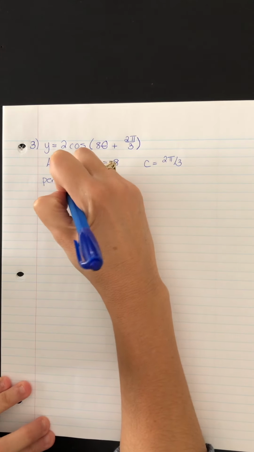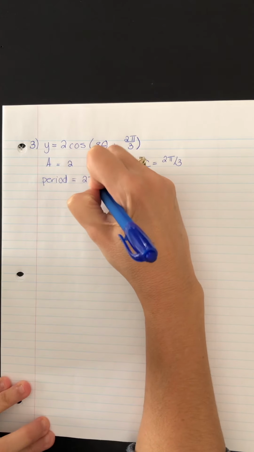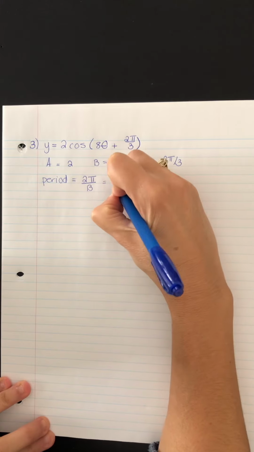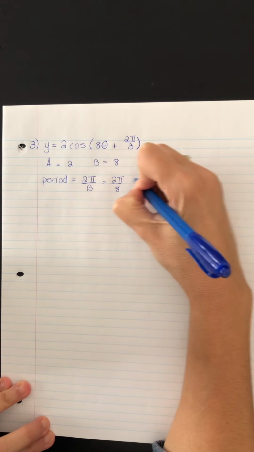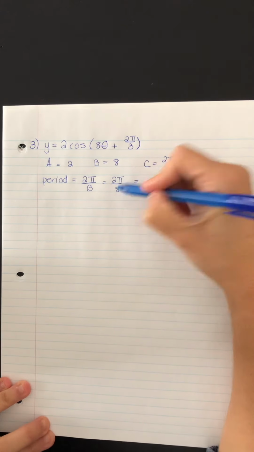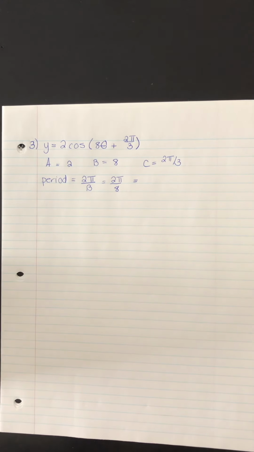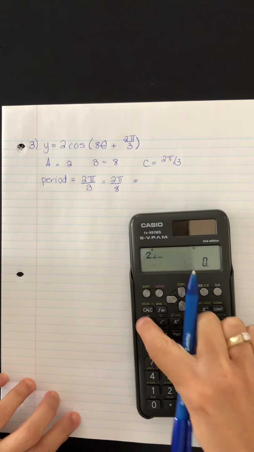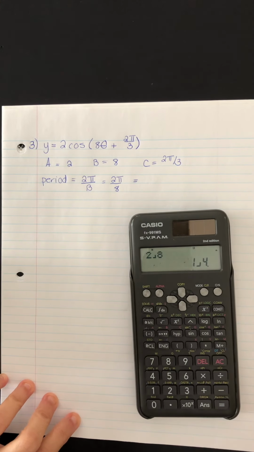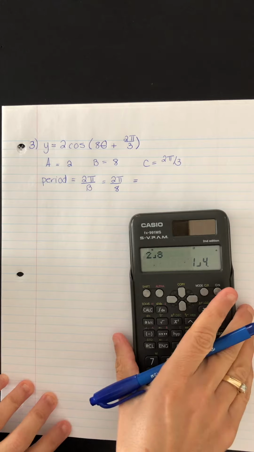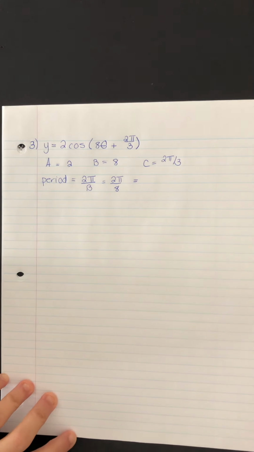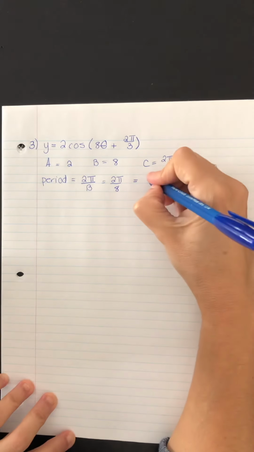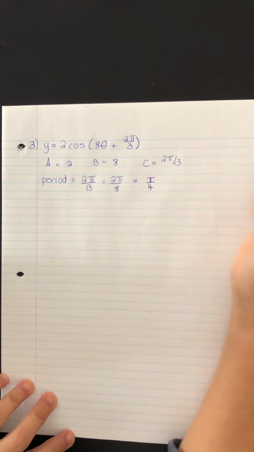Period, formula, 2 pi over B. B is 8. 2/8 is the same as 1/4. Of course, your calculator will do that for you as well. 2/8, just push equals, 1/4. So this is 1 pi over 4, or pi over 4.